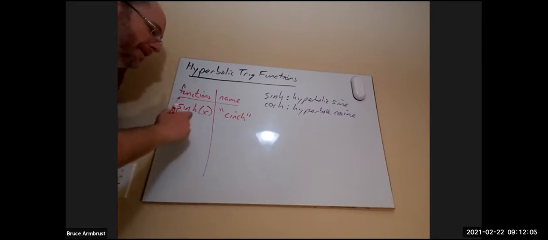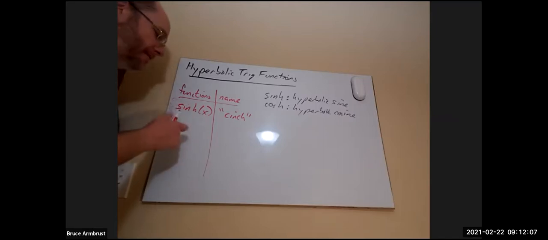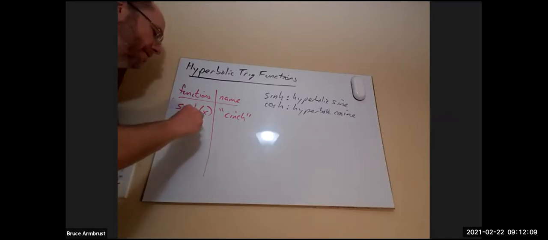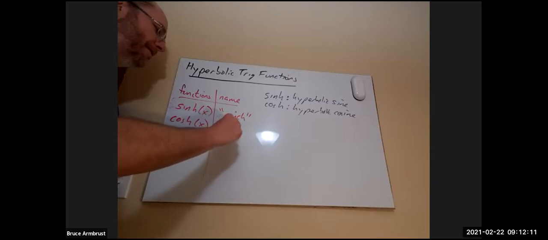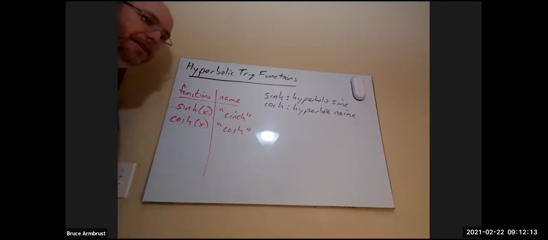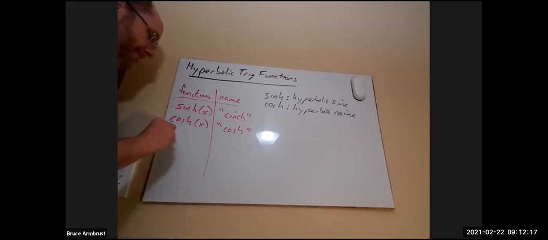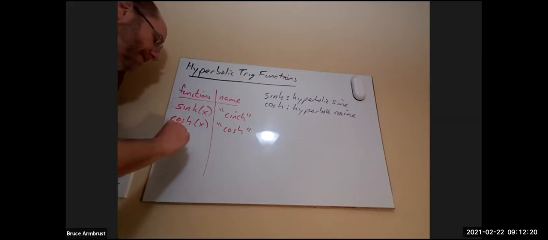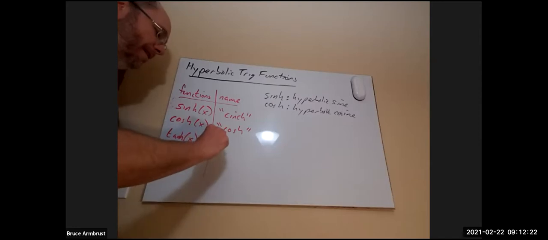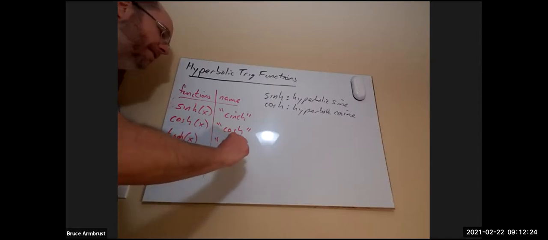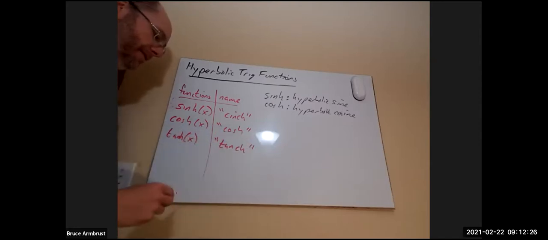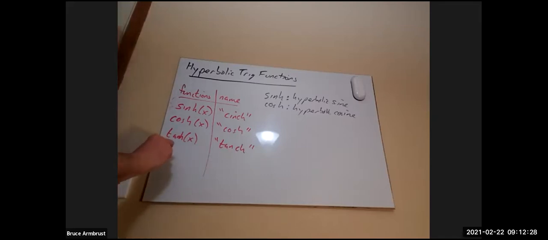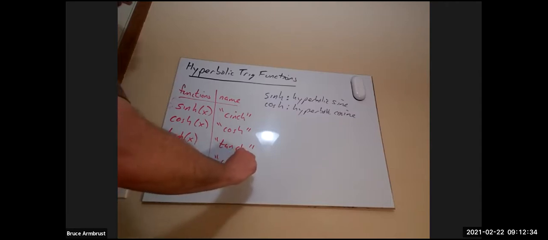Okay, so cinch. This one is exactly what it looks like. That's cosh. Hyperbolic tangent is tanch. Hyperbolic cotangent is coth.